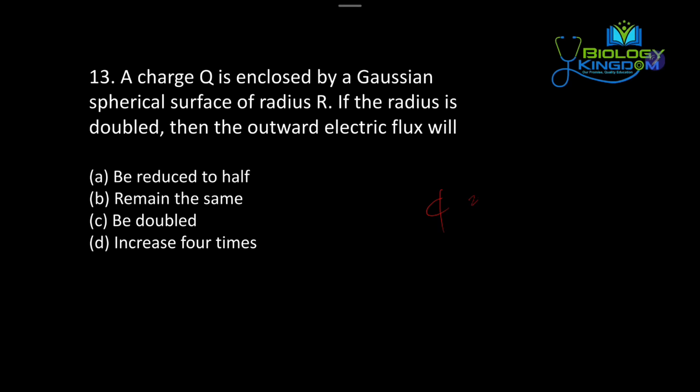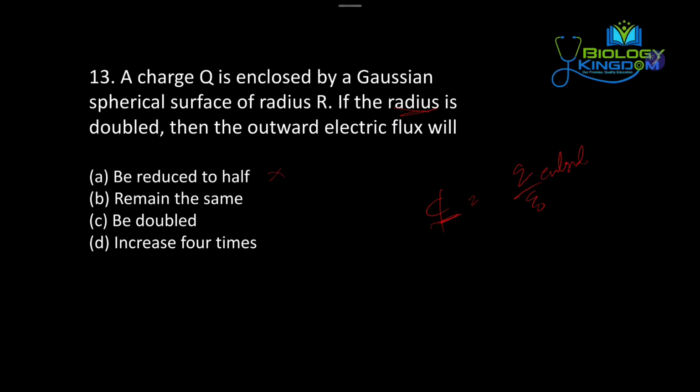First we have to write the formula of flux. The flux is q by epsilon naught, where q is the enclosed charge, the charge enclosed in the Gaussian surface. If the radius is doubled, we can see the flux does not depend upon the radius.